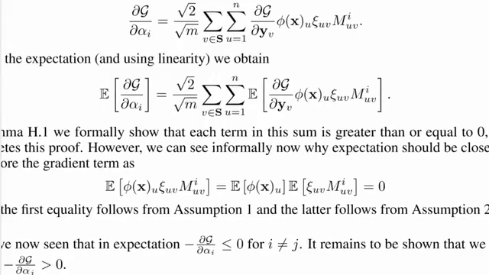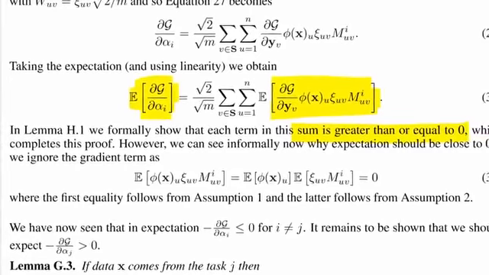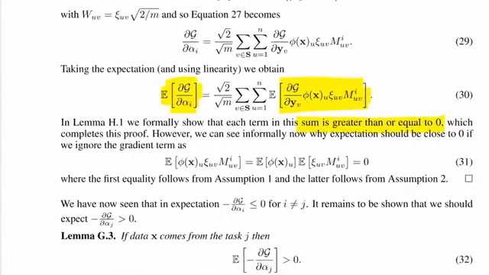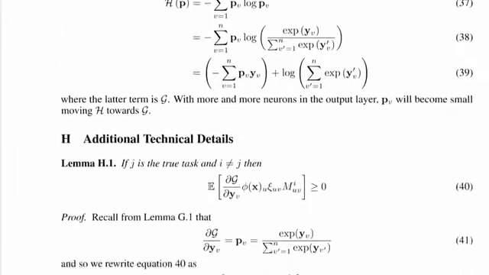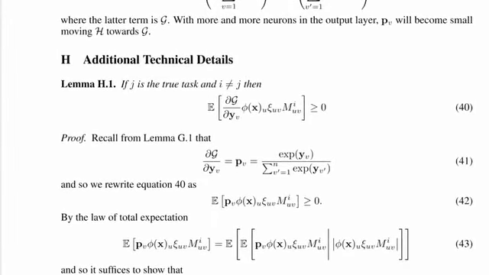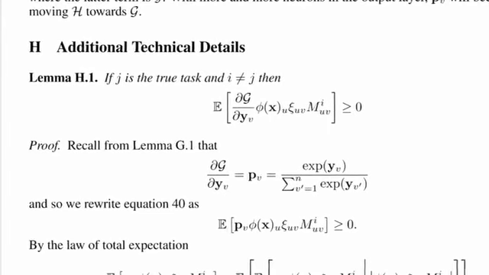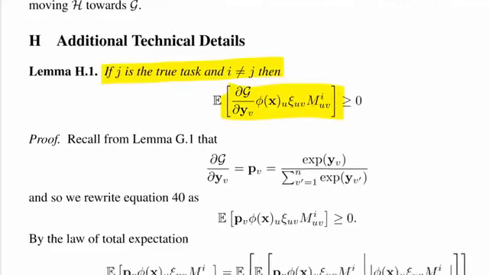So this is a sum, and each element of the sum is going to be greater or equal to 0, which means that this thing is greater or equal to 0, which means the negative thing is smaller than 0. In lemma H1. Now we're going to look at lemma H1 to get an intuition of what's going on right here. So lemma H1 says if J is the true task and I is not equal to J, then this quantity here is greater than 0.